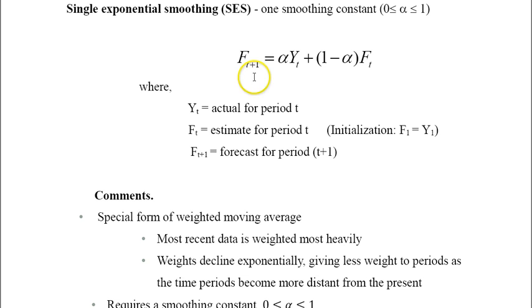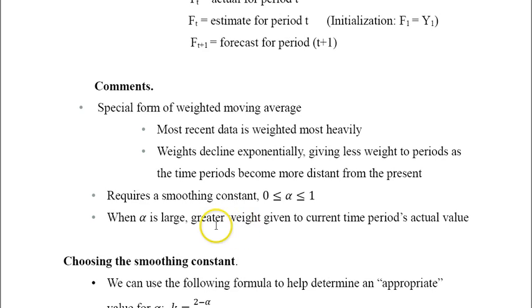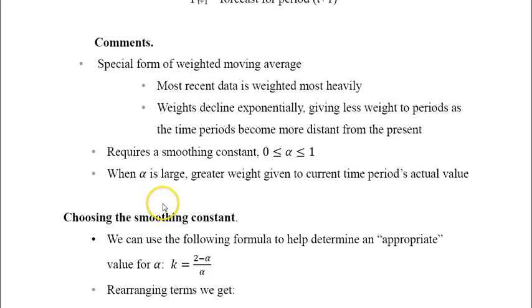That's because Ft is also going to be alpha Yt minus 1 plus 1 minus alpha Ft minus 1, and so on. So it goes backward with less and less weight as the smoothing constant becomes smaller. When alpha is large, greater weight is given to the current period's actual value.